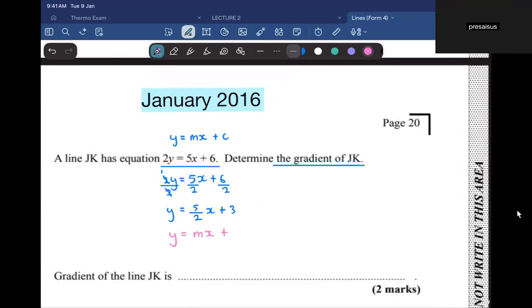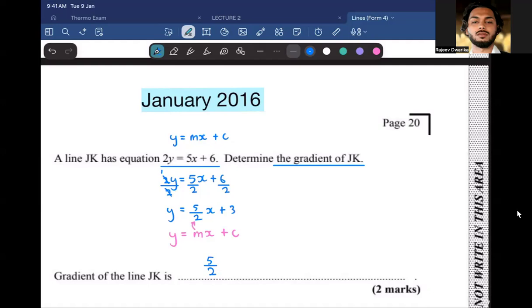Priscilla, tell me as well, what is the y-intercept? What is the y-intercept for line JK? 5 over 2? I mean, 3, sir.